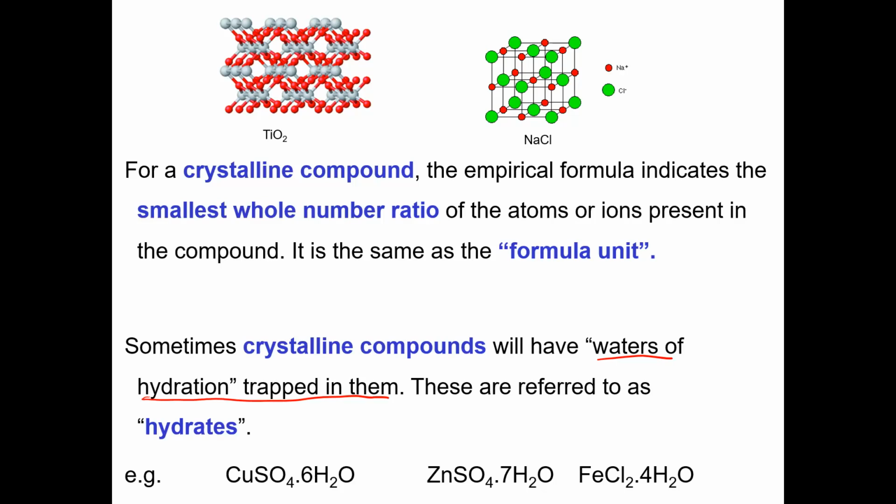And how we indicate how much water is trapped in a hydrate is we write the empirical formula or the formula unit for our ionic compound, for our crystalline compound. Then we put a dot and the number of water molecules that are found for every unit of the compound. We're going to do a whole lab on the formulas of hydrates, so you'll become familiar with this.